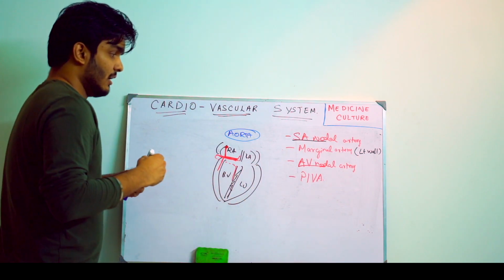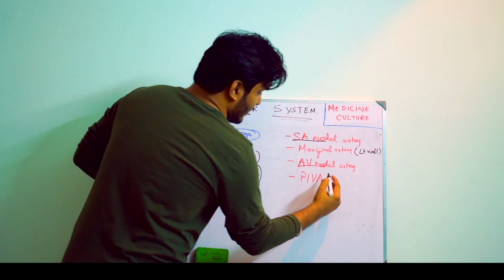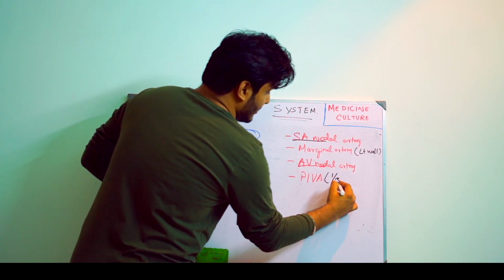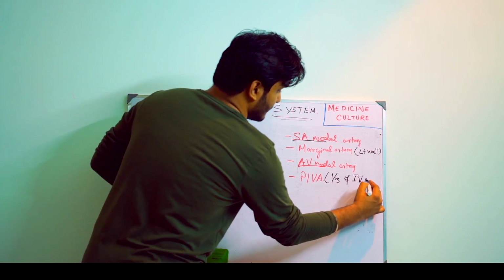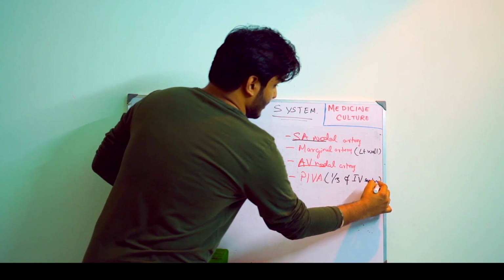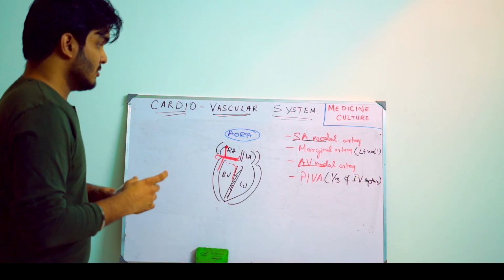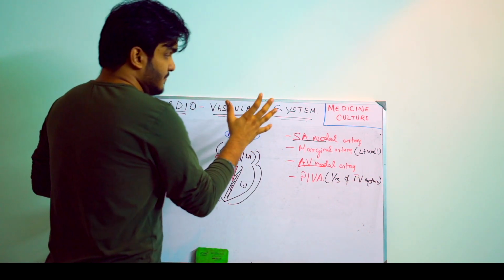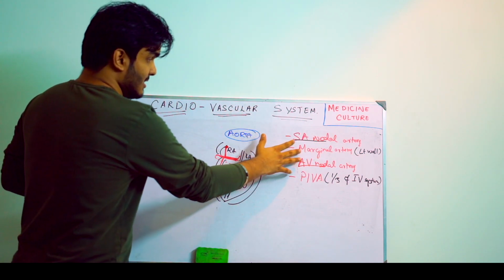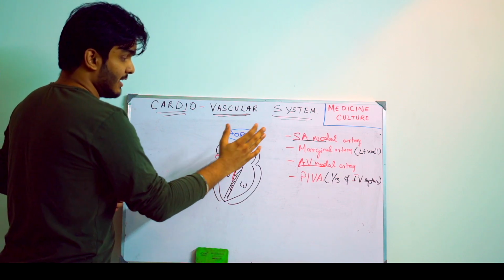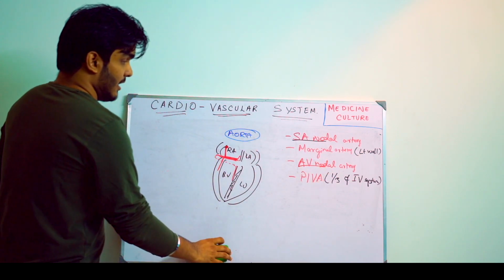The posterior interventricular artery supplies the posterior one-third of the interventricular septum. So these are the major arteries: the SA nodal artery, the marginal artery for the lateral wall, the AV nodal artery, and the posterior interventricular artery.